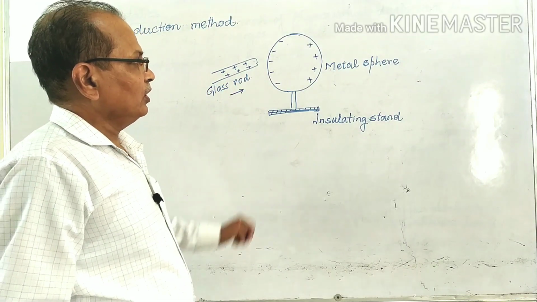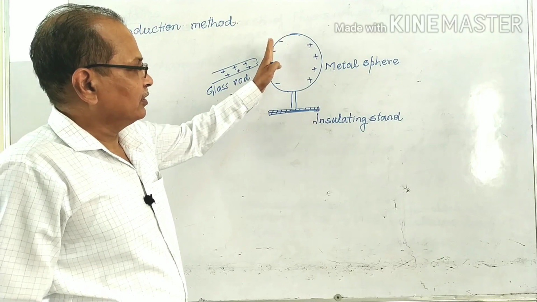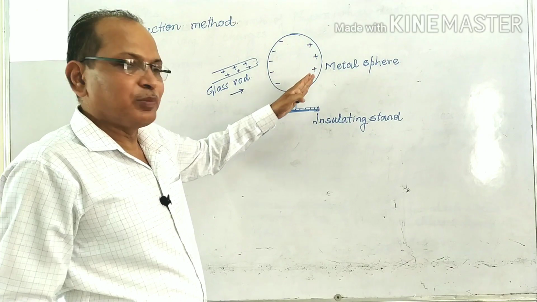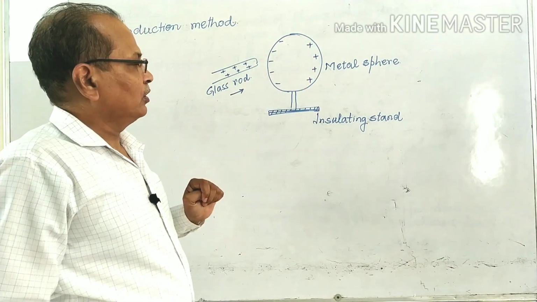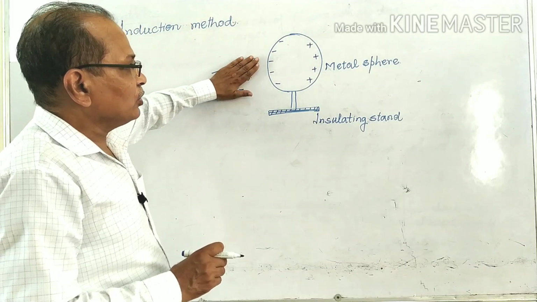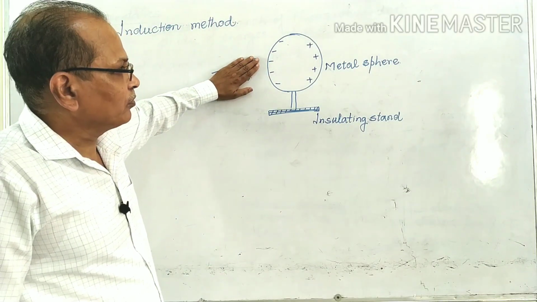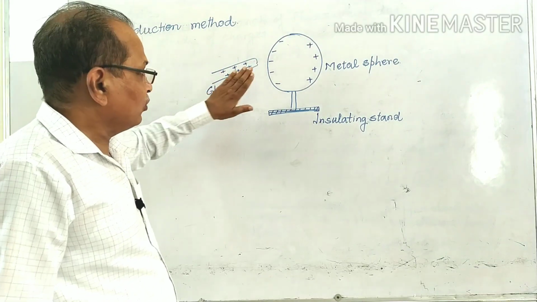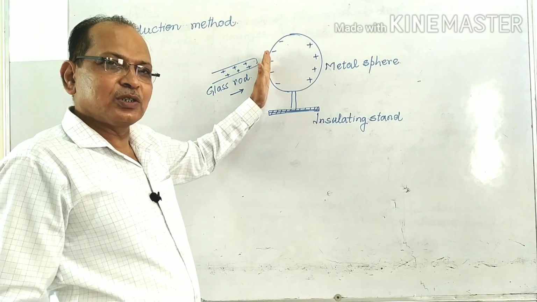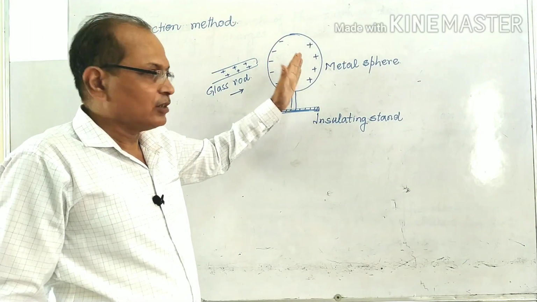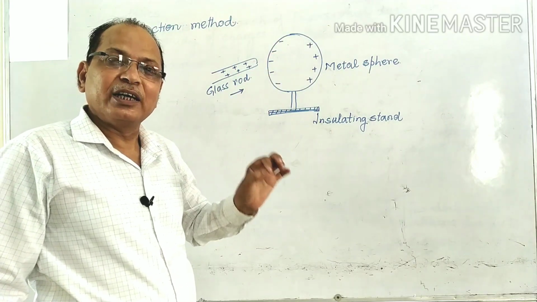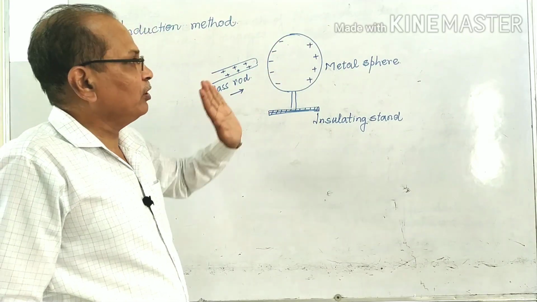In this way, this surface becomes negatively charged and this surface becomes positively charged. Now if we remove this glass rod, then what happens, students? If we take out the glass rod, then again the electrons and positive charges reshuffle, and as a result the metallic sphere again becomes neutral. There will be no charge.